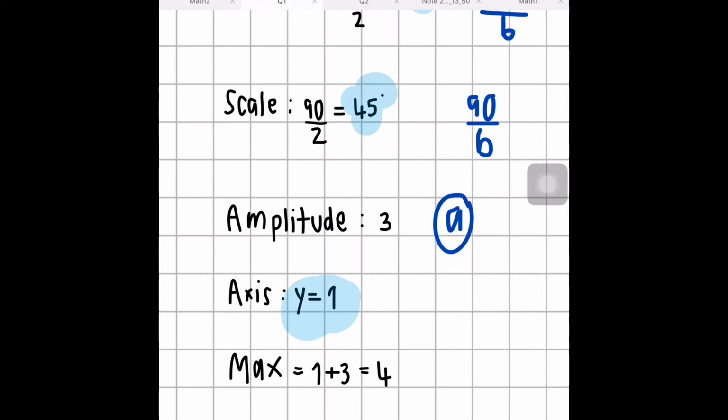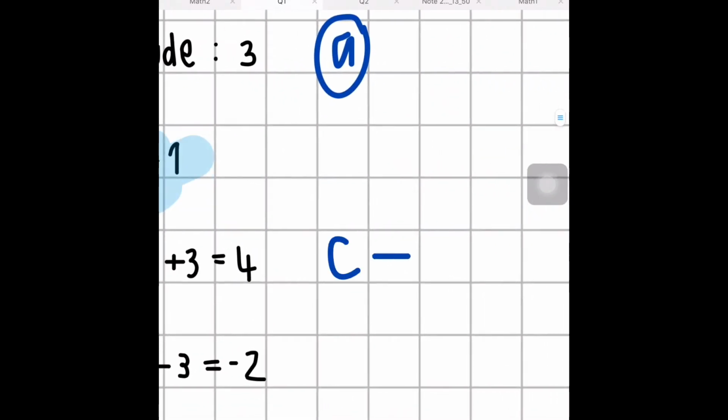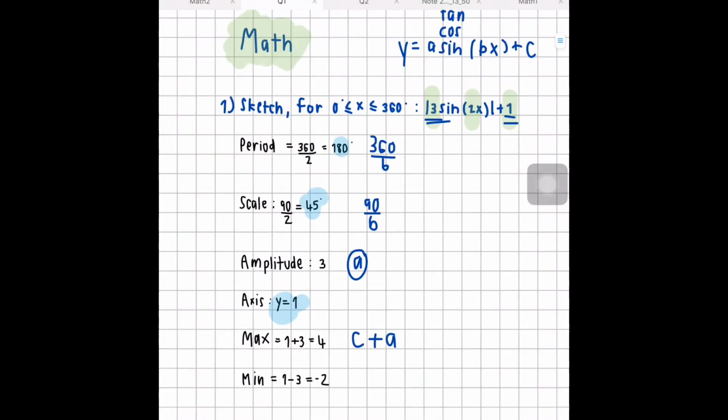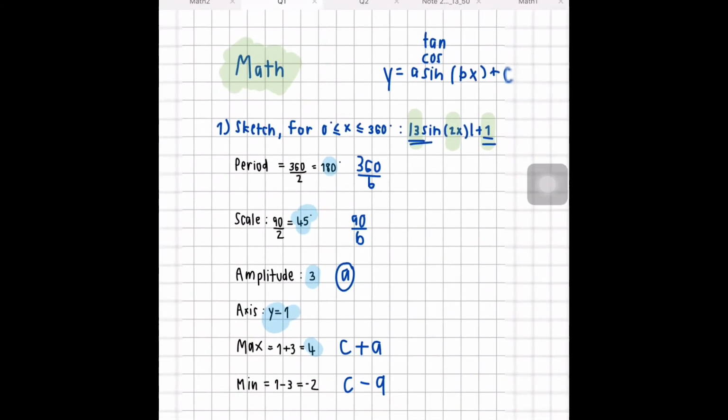To find the maximum, the formula is C plus A. C is equal to 1, A is 3, so it is equal to 4. And to find the minimum, the formula is C minus A. So C is 1, A is 3, so 1 minus 3 is -2.